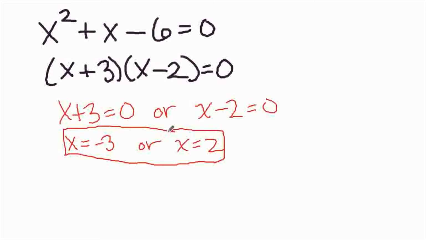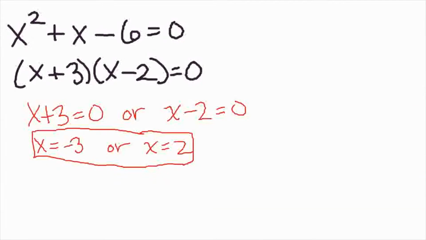All right, now let me finish by talking about solving inequalities. Okay, so suppose that we modified this problem slightly. Suppose that instead of having a quadratic that was equal to 0, suppose we insisted that the quadratic was less than 0.